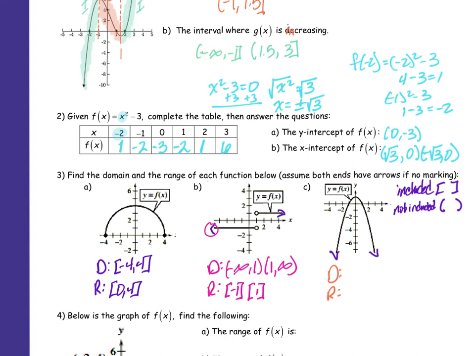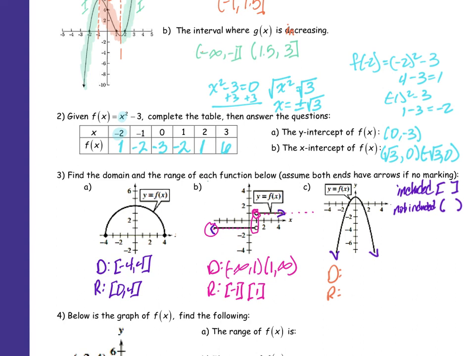Why is it included at 1? It's not included at this point in the domain because my domain tells me it's not, but it's included at every other point on that line. Does that make sense now? My domain tells me it's not included here, but every other point on my range is included.